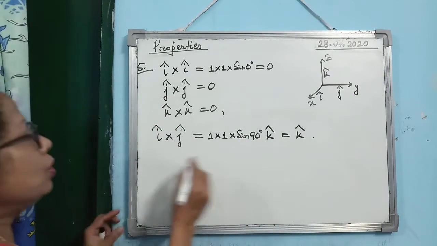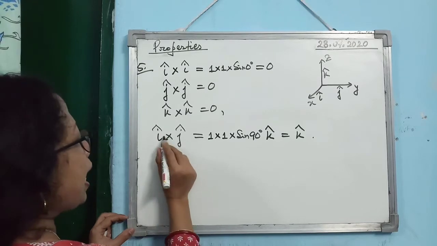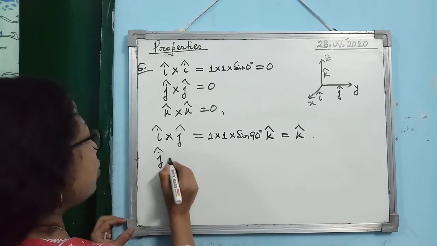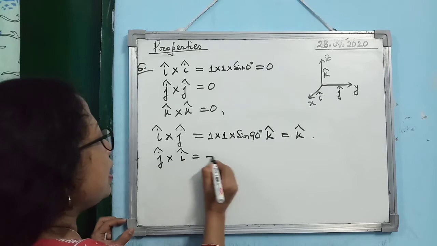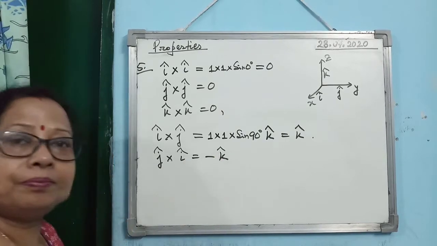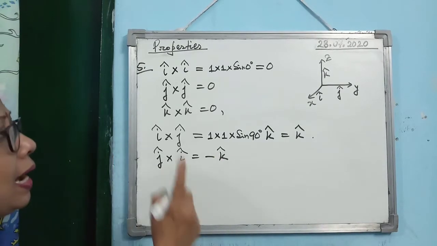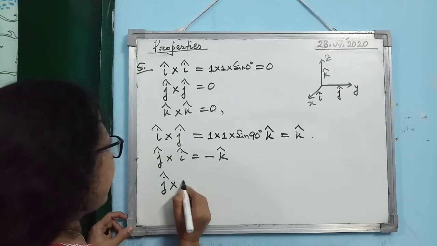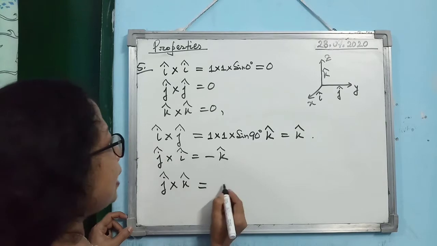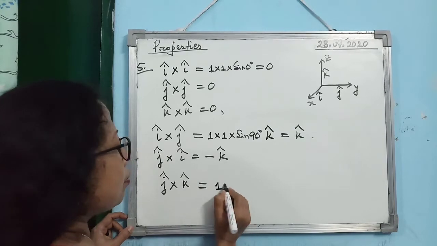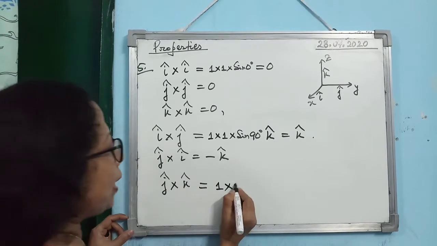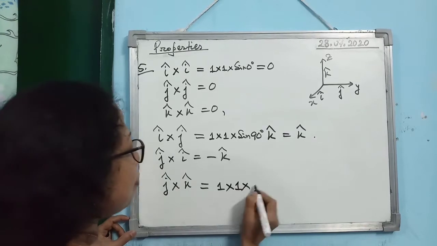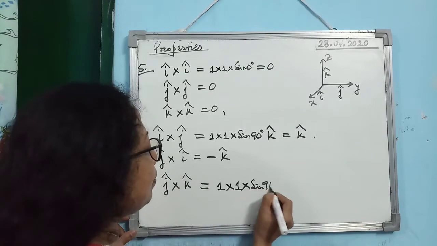Clear? Now if you get i cross j is equal to k, then what will be j cross i? It will be minus k. Similarly, if you want to find out j cross k, what will it be? j cross k will be the magnitude of j, 1, multiplied by the magnitude of k, 1, multiplied by sine 90 degree, the angle between the two.